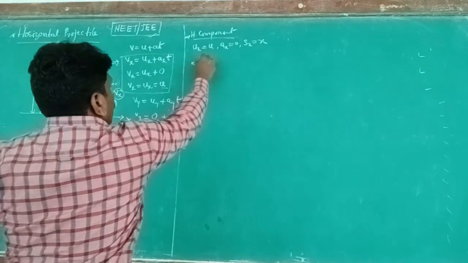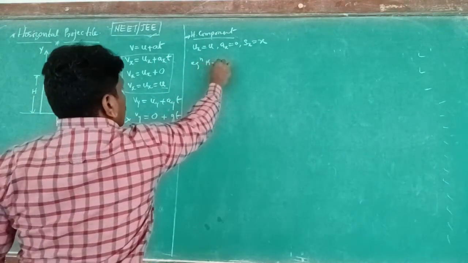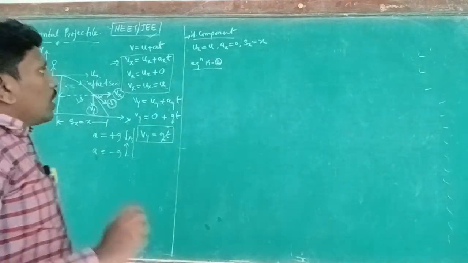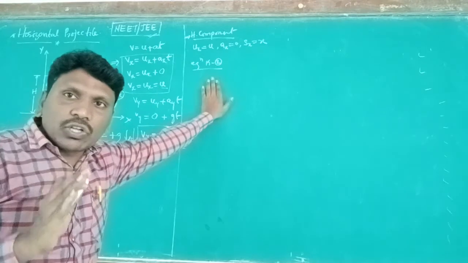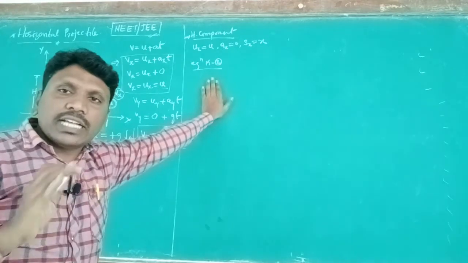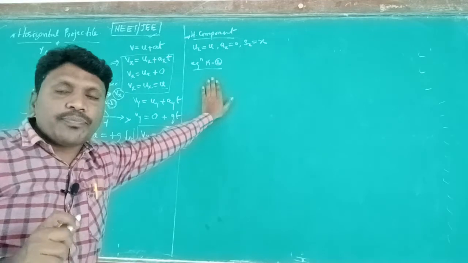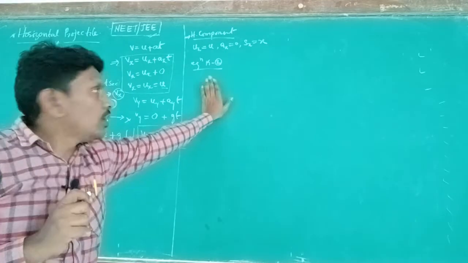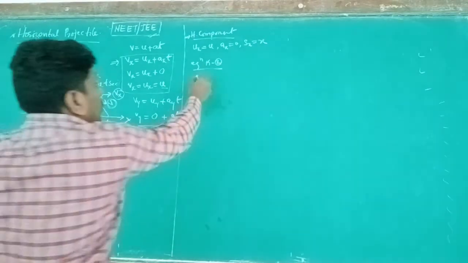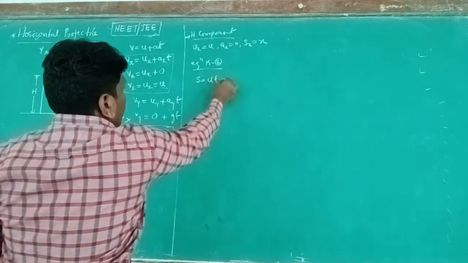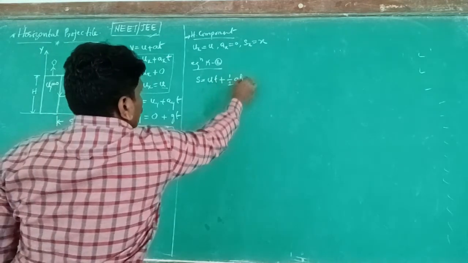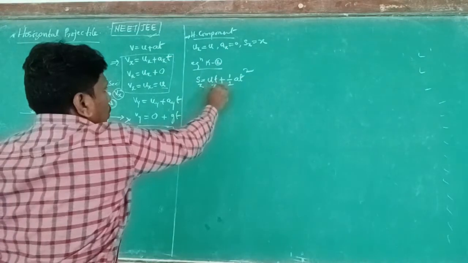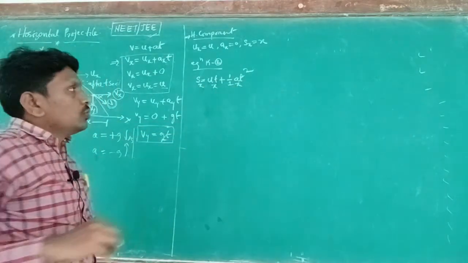Then what we can find out from the kinematic equations? What are they? First one is v is equal to u plus at, second one is s is equal to ut plus half at square, and third one is v square minus u square is equal to 2as. I am taking the second one, s is equal to ut plus half at square, and applying it to the horizontal component: sx, ux and ax into t square.